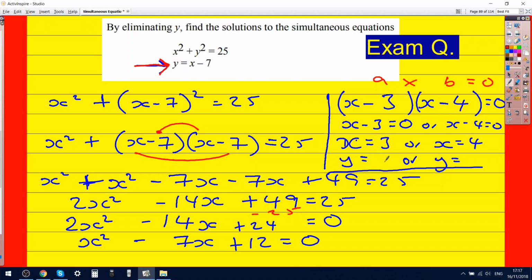X minus 7. So 4 minus 7, which is minus 4. Or minus 3. It's going to be one of them. Okay. And the other answer? Minus 4. Yeah. Any questions there? No. Okay.